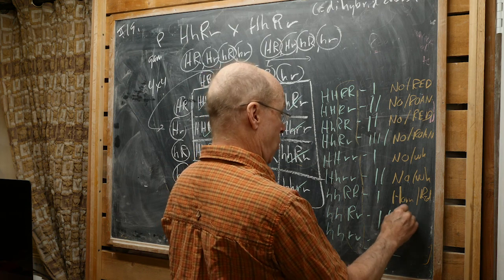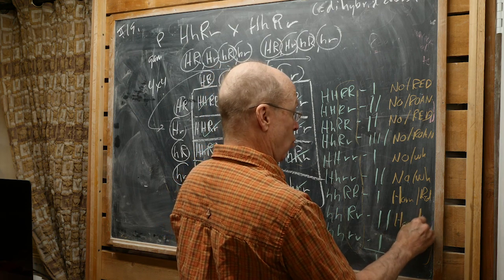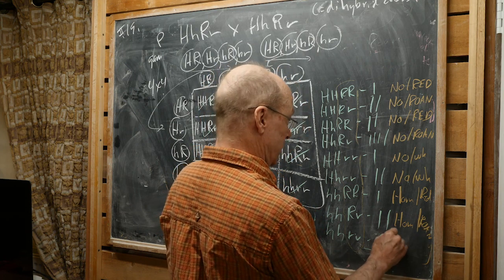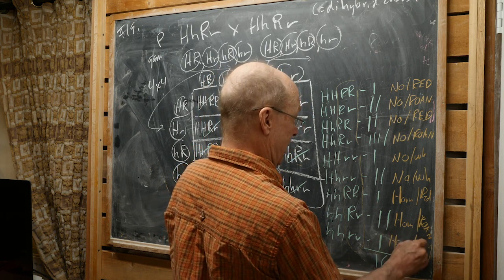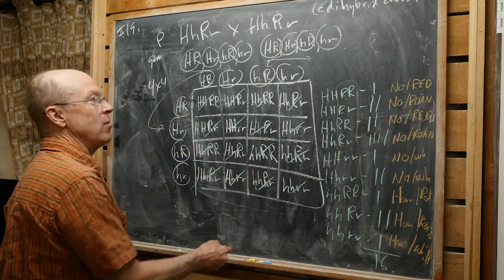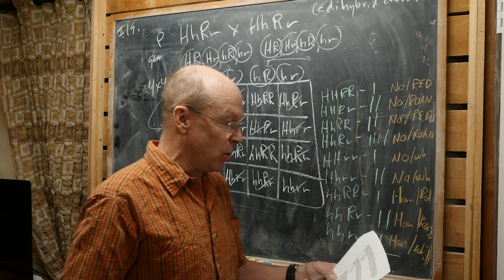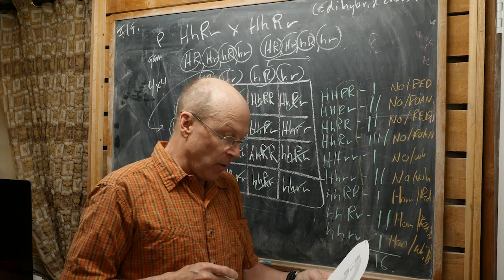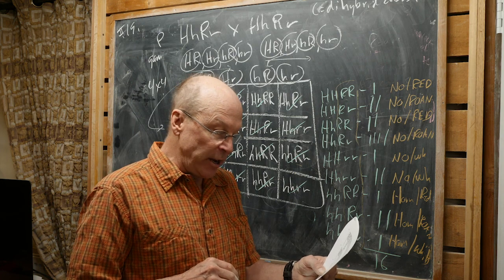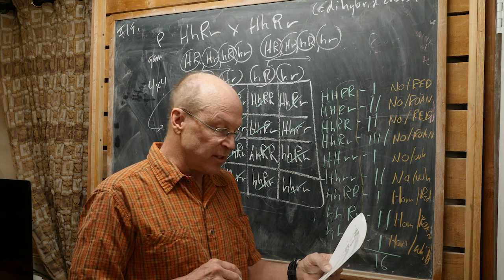This one is horned and roan. Oh my. This one is horned and white. Okay, so what we're looking for then, now that we've done all of this work, is the answer. We have the question. The question is, what kinds and ratios of offspring do you expect?